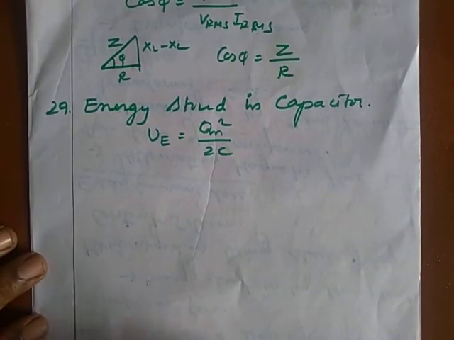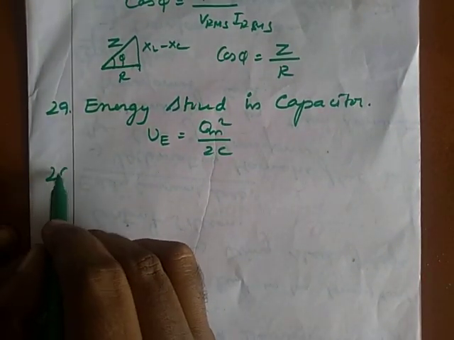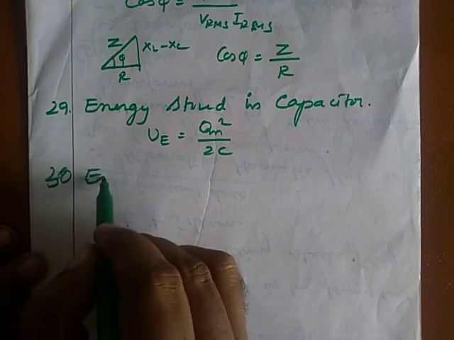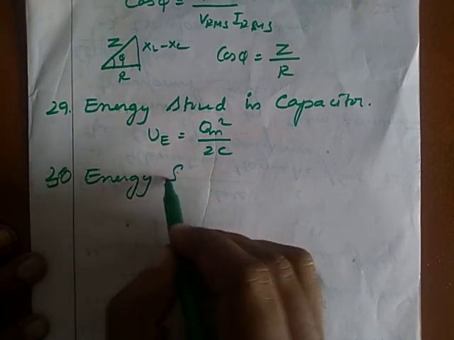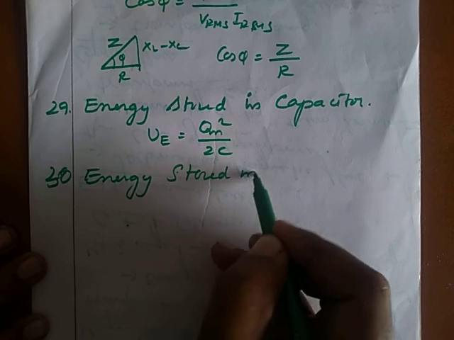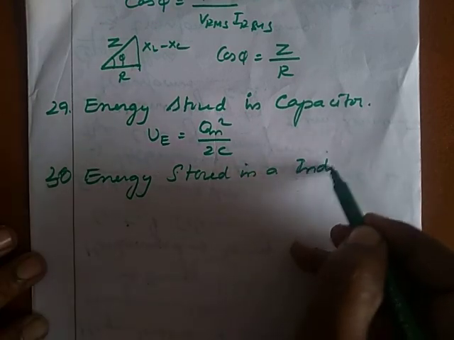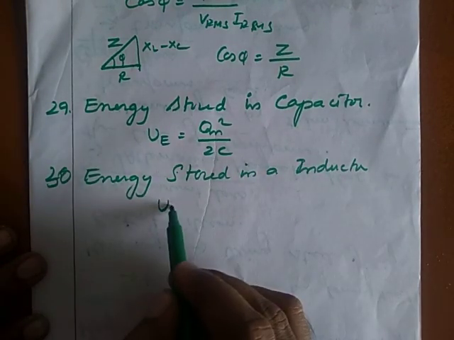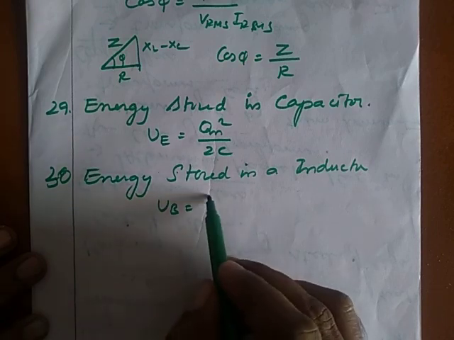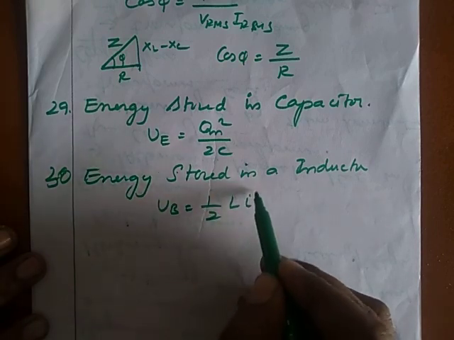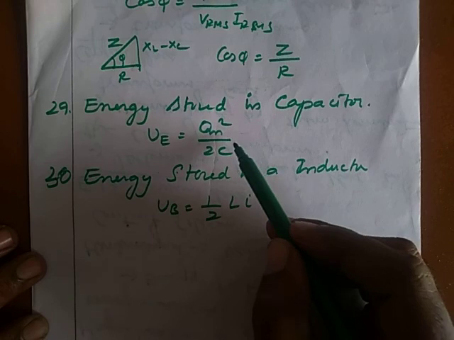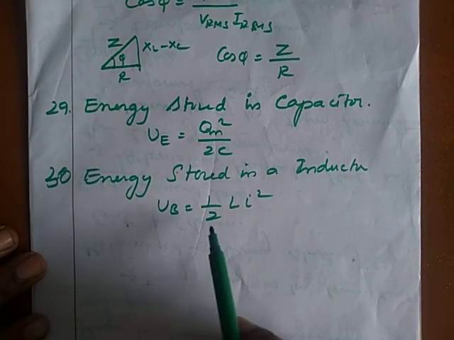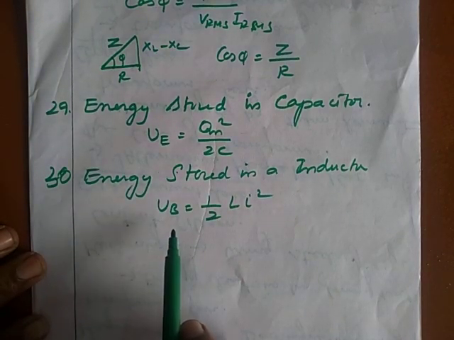Then energy stored in an inductor, that is UB is equal to half L I square. This one is electrostatic potential energy, this one is electrodynamic energy.